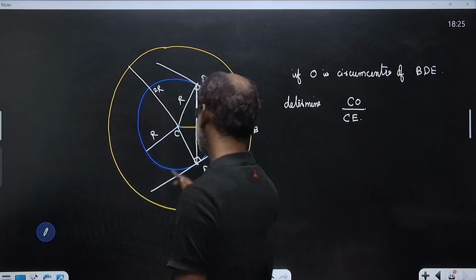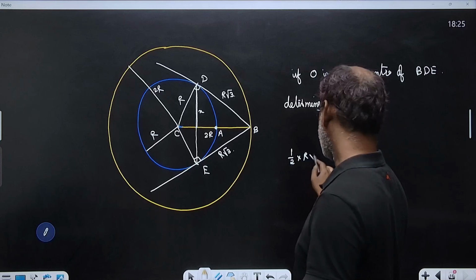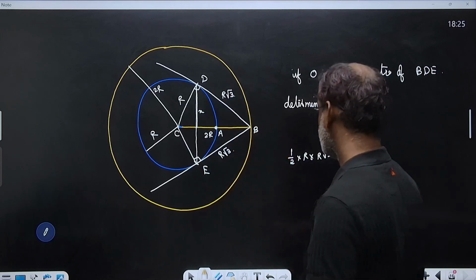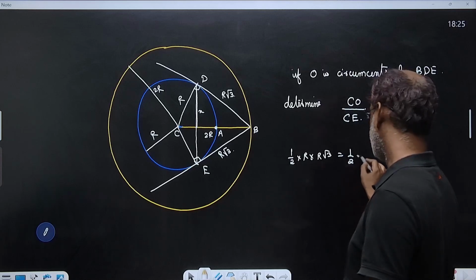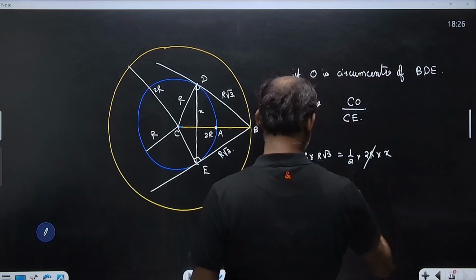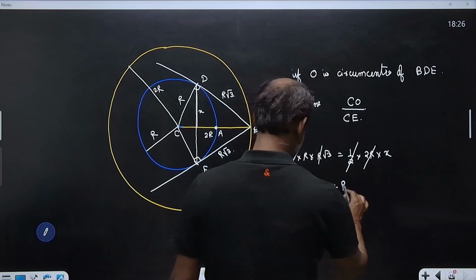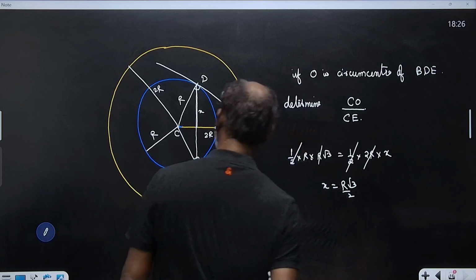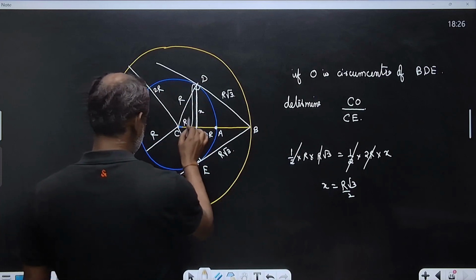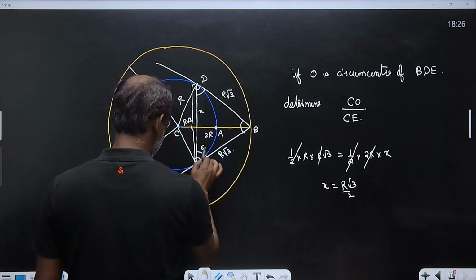I would say the area of this triangle is half r into r root 3. The area of this triangle is also half base into height. So x is r root 3 by 2. So this is all in all r root 3. So this triangle now becomes equilateral.